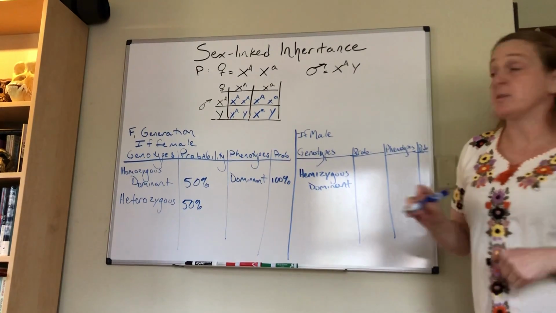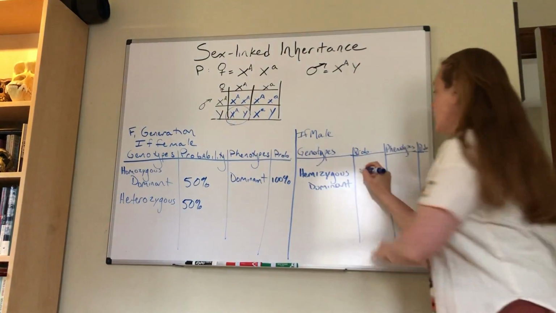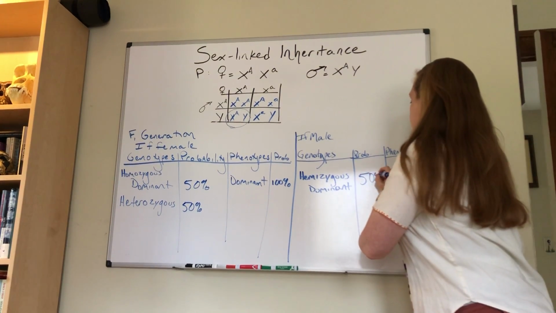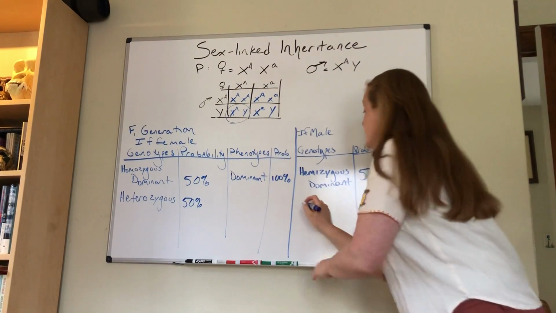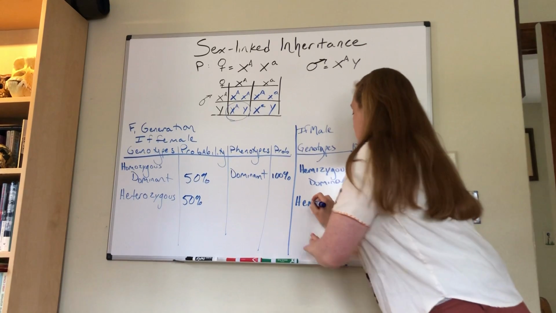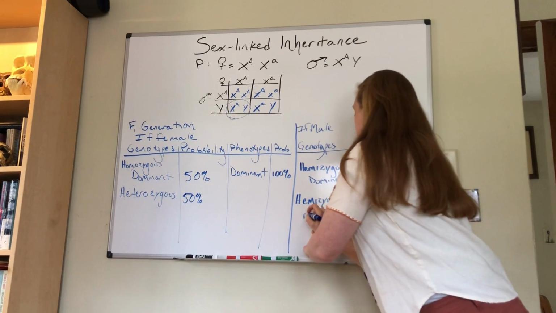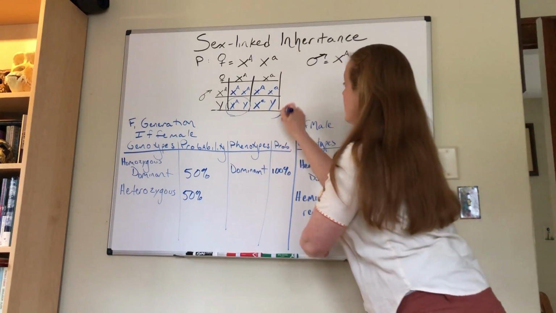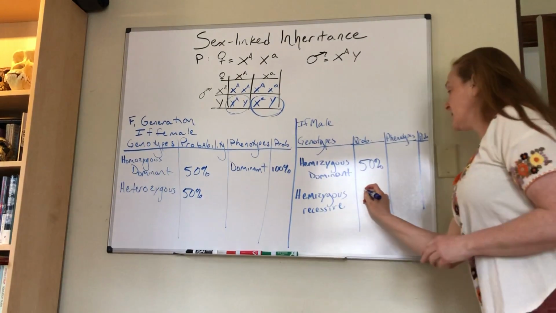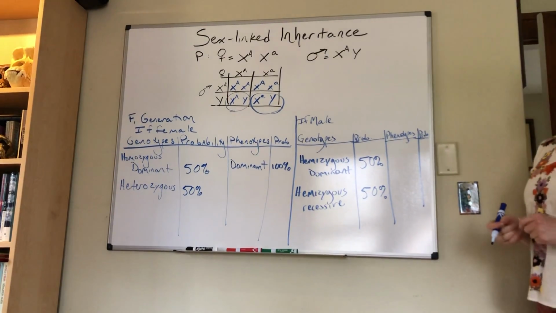Probability my male diploid zygote will receive a hemizygous dominant genotype is 50%. The other possible genotype is hemizygous recessive. And the probability my male diploid zygote will receive that hemizygous recessive genotype is 50%.